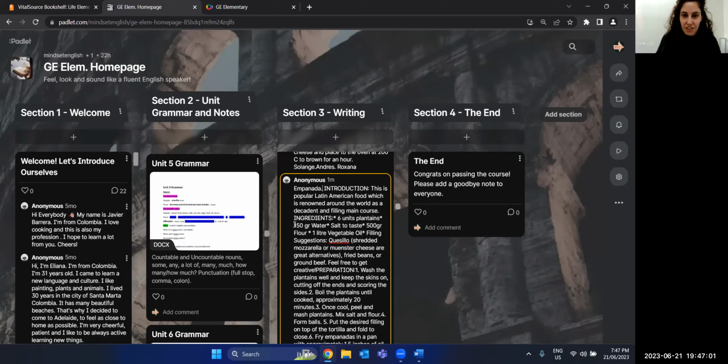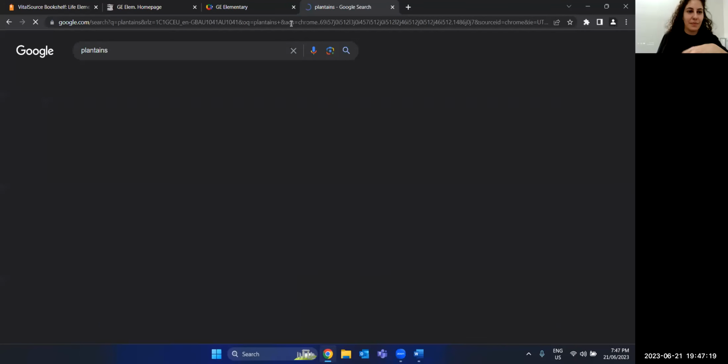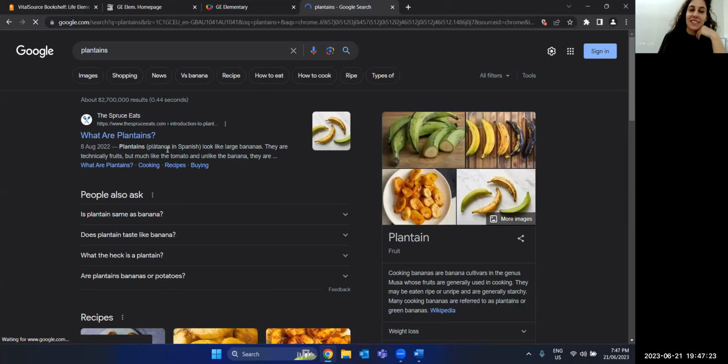We have introduction, ingredients, 6 units of plantains. What's that? Plantains. Is it the platanos in Spanish? They're like large bananas.